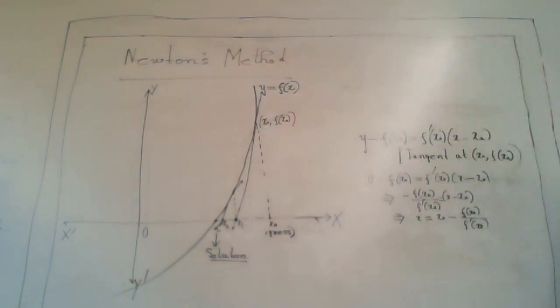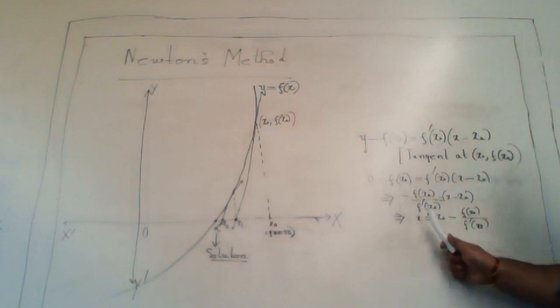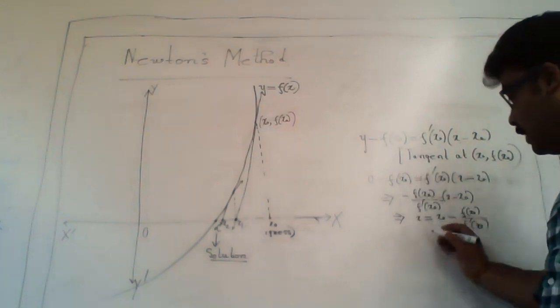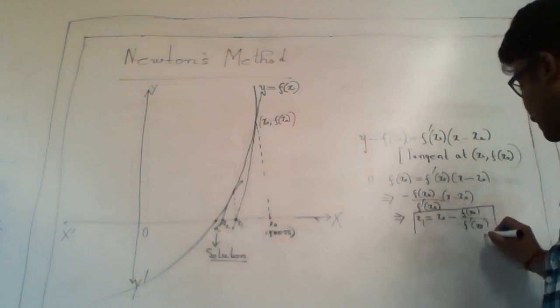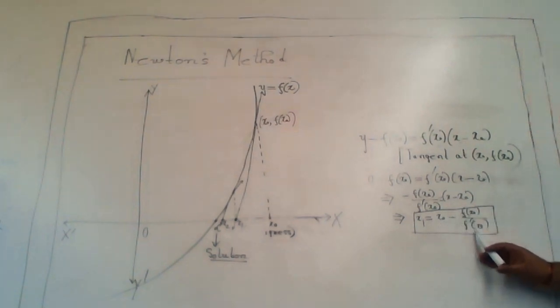Okay. So you just divide both sides by f prime x0, and then you take it on that side, you get this beautiful formula. So this is the value of x1. So x1 is given by x0 minus f of x0 divided by f prime x0.